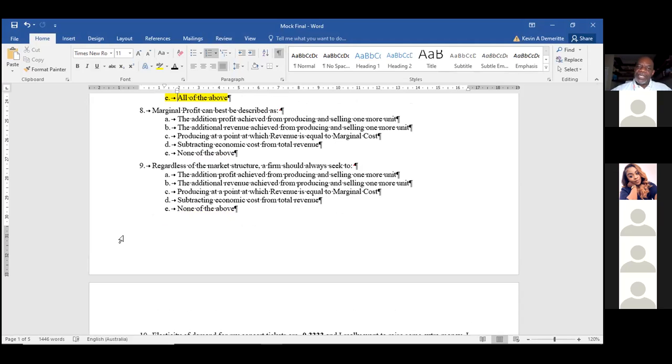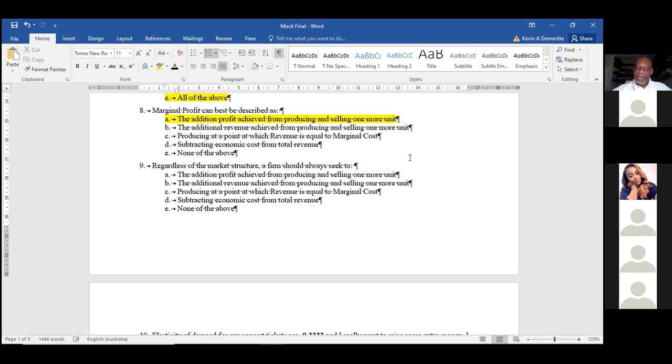Producing at a point where revenue is equal to marginal cost? Subtracting economic cost from total revenue, or none of the above? The answer is A. I think this one is a giveaway. Marginal profit is the additional profit achieved from producing and selling one more unit.